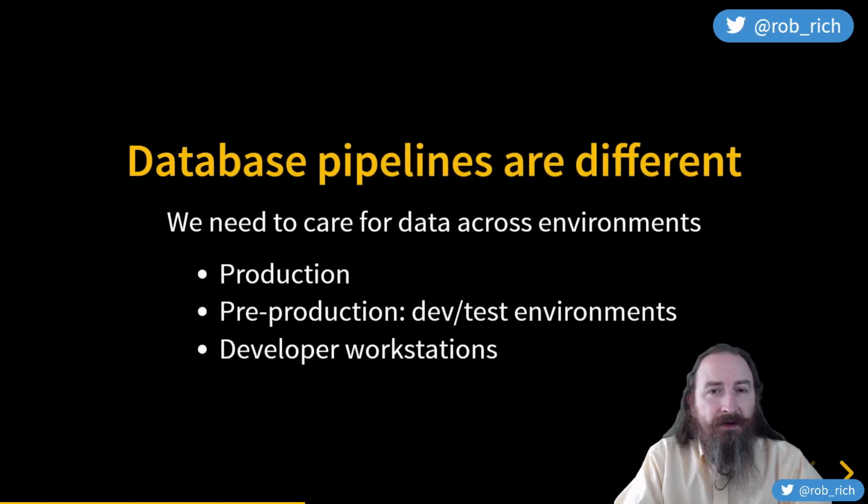The other thing that makes database DevOps pipelines different is the deployment mechanism into different environments is also different. Now, we have production, that's probably very well known. We might have pre-production servers, dev and test servers, QA servers, maybe staging servers. But we also have a local developer setup. We probably don't even think of a DevOps pipeline for local developers for applications.